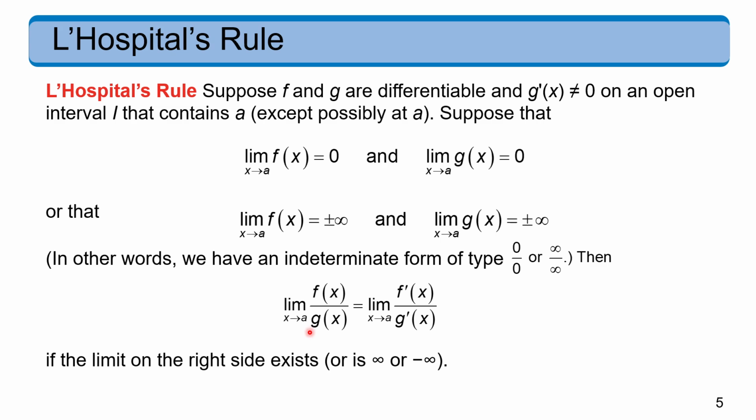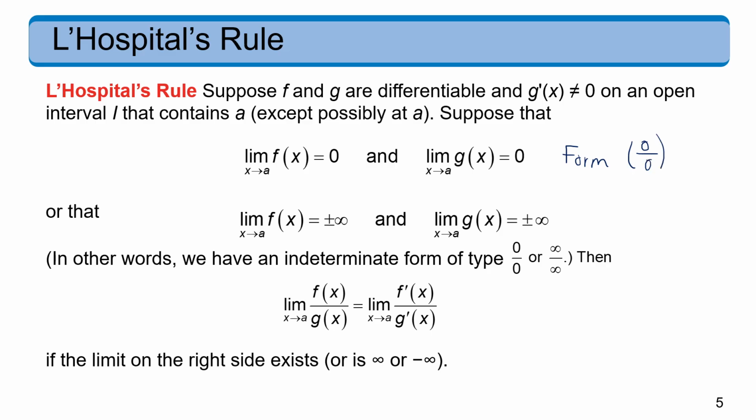And you have one of those two indeterminate forms, either 0 over 0 or infinity over infinity. So that's described here. If the top and bottom are both approaching 0, that's the 0 over 0 form.